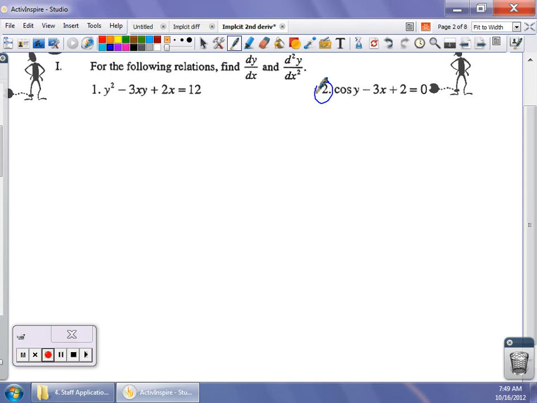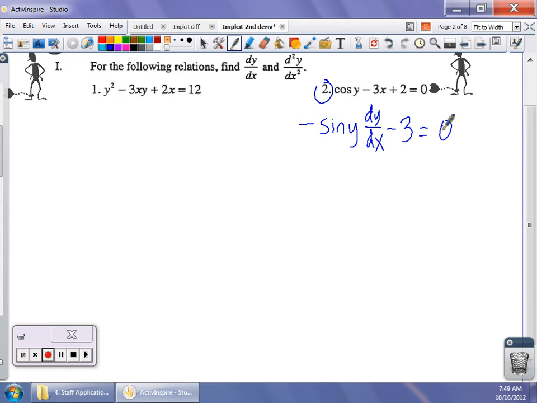The derivative of cosine is negative sine y. And remember, we said when we take the derivative of the y term with respect to x, we get a dy dx. The derivative of negative 3x is negative 3, and the derivative of 2 is 0. We're trying to solve for dy dx.